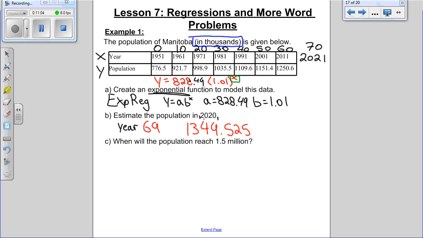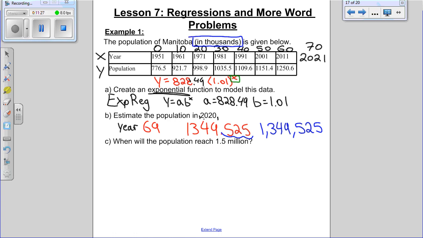You need to move the decimal place 3 spots to the right. So the correct answer is 1,349,525 people. You have to move the decimals over to get the actual value. Right? It's important to know what they're measuring in.